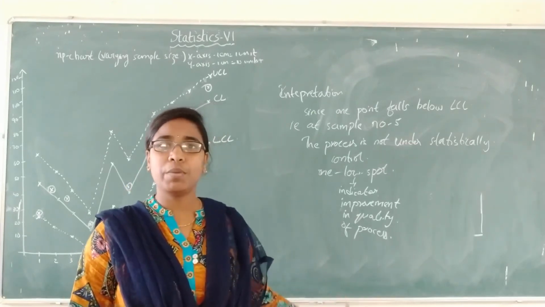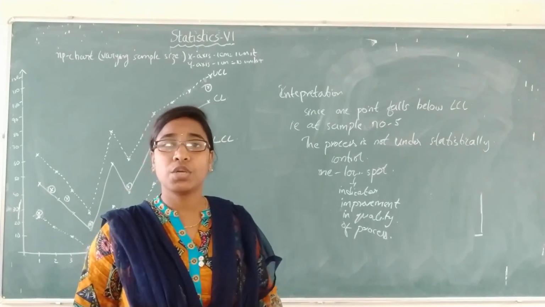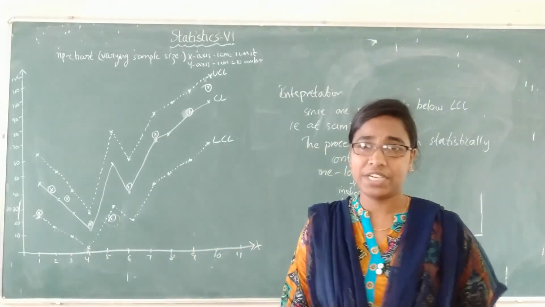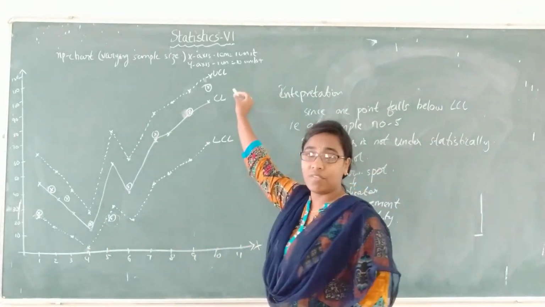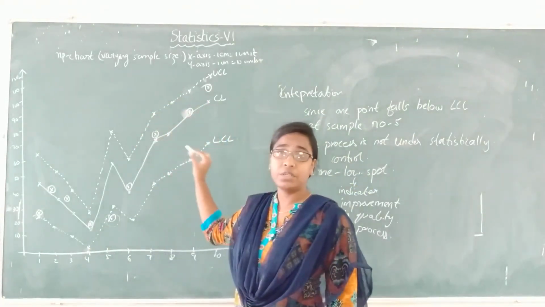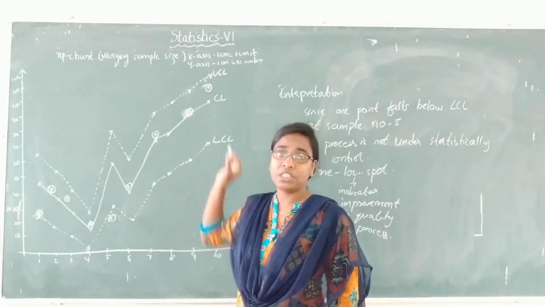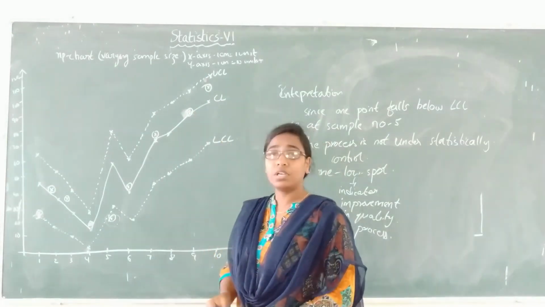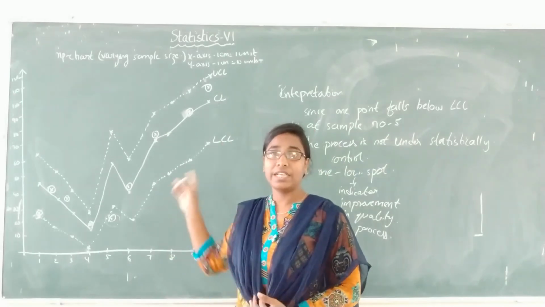In this problem, we had 10 samples, so you will be getting 10 UCLs, 10 LCLs and 10 different CLs. All those 10 values should be plotted on the graph. UCLs will be joined with a dotted line, LCL is also a dotted line, CL is not a dotted line, it is a dark line.